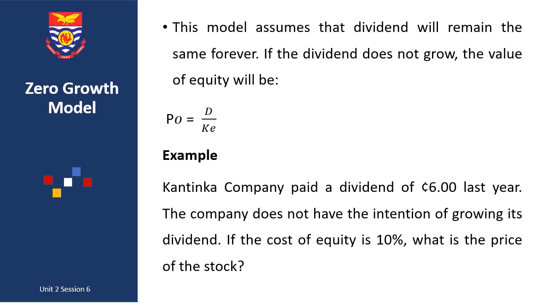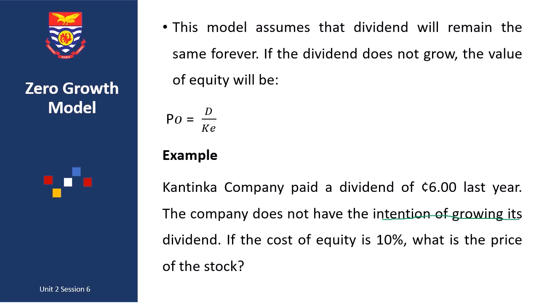Kantinka Company Limited paid a dividend of 6 Ghana cedis last year. The company does not have the intention of growing its dividend. Have you seen the keyword here? The company does not have intention of what? Growing its dividend. It means that there is zero growth in dividend.